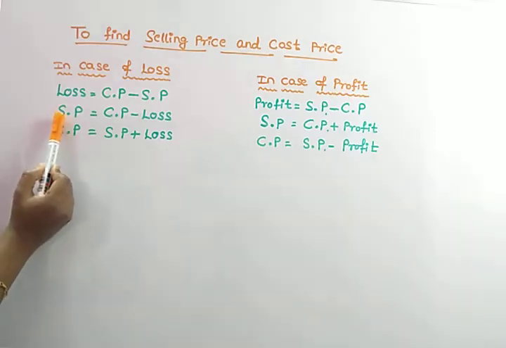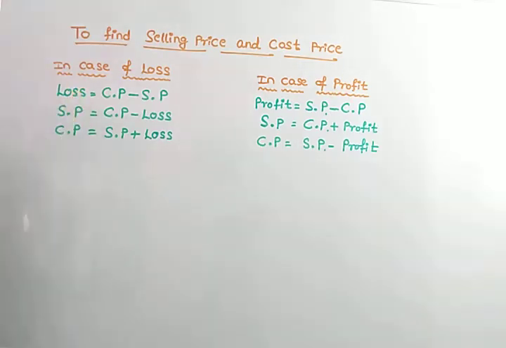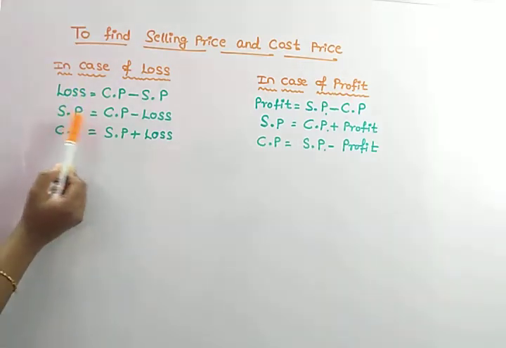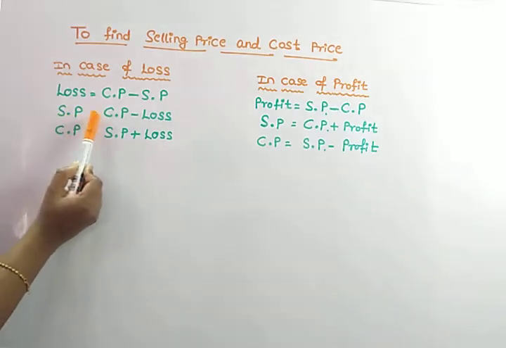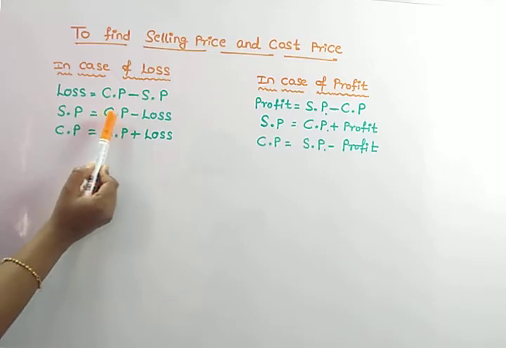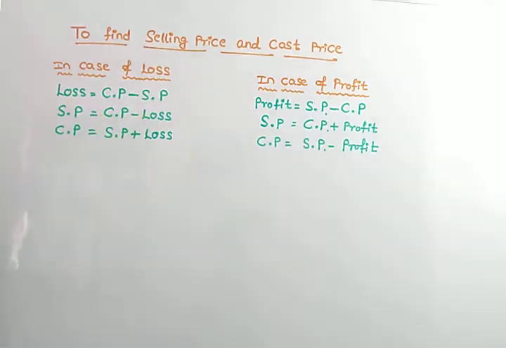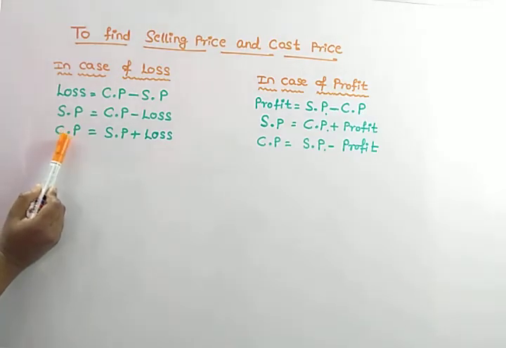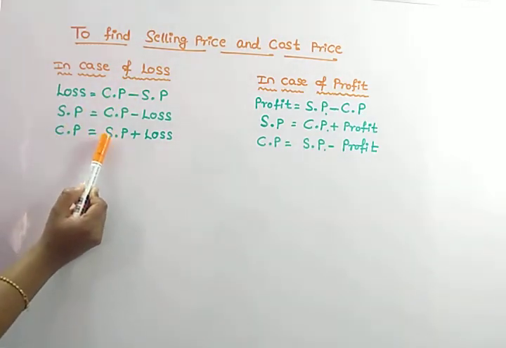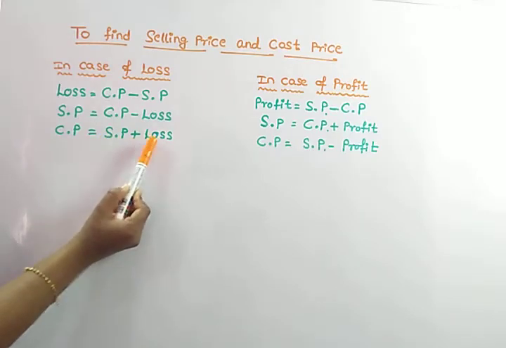So how to find the selling price in case of loss? Here is one more formula, just a rearrangement: SP, that is selling price, is equal to CP minus loss. Then the cost price in case of loss: cost price is equal to selling price plus loss.